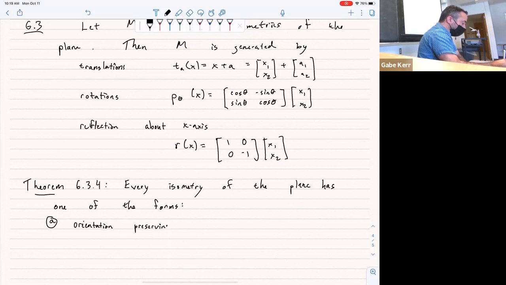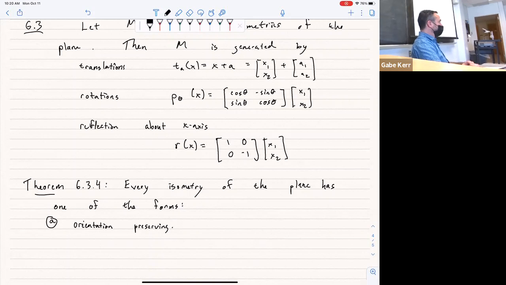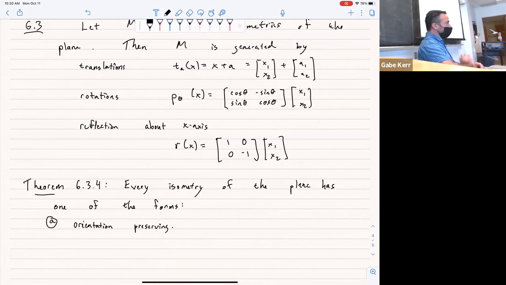I didn't talk as much about this. In the plane, this is not hard because there is a natural orientation. Well, it's not natural, it's an imposed one. But if you fix it, you can talk about whether something preserves it or not. So you can say, well, I'm in the plane and I know the difference between counterclockwise and clockwise. Now I perform that isometry and I imagine myself being acted upon by that isometry.